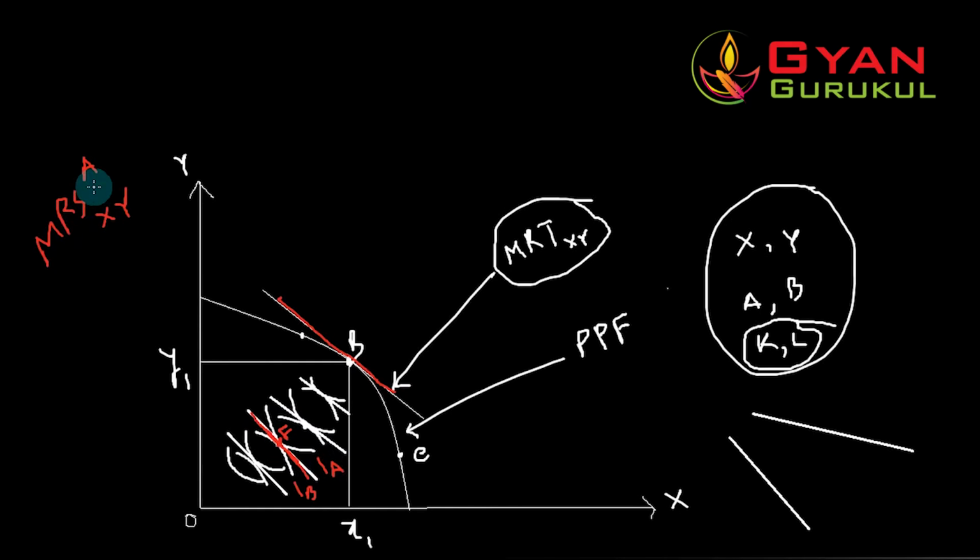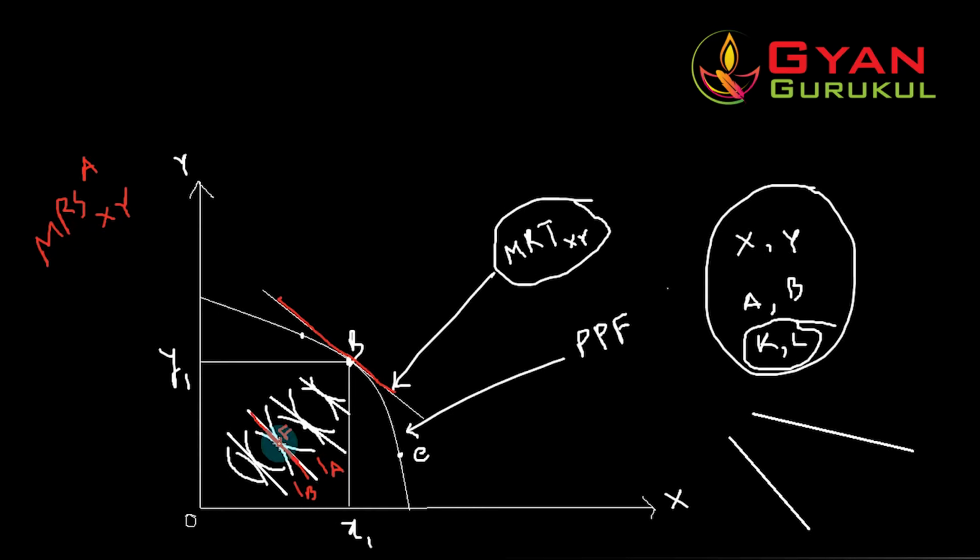Clear? But at the same point, we are also finding a point of the indifference curve IB, a point of the indifference curve of consumer B, which is again the point F, right?